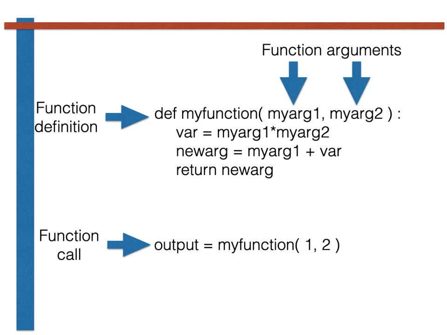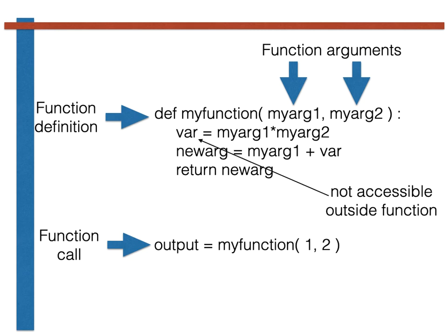We can pass data from the main program to the function by using the function arguments shown here. When we call my function using the command at the bottom of the slide, the variable myarg1 is set equal to 1, and the variable called myarg2 is set equal to 2 within the function. If we create variables such as var here, we cannot access these variables once the function has finished running.